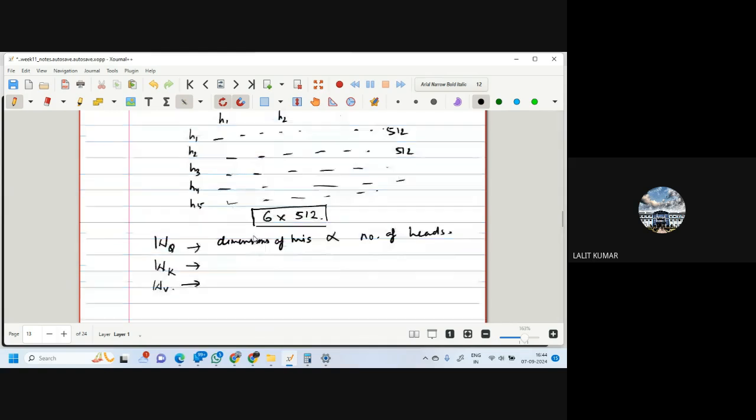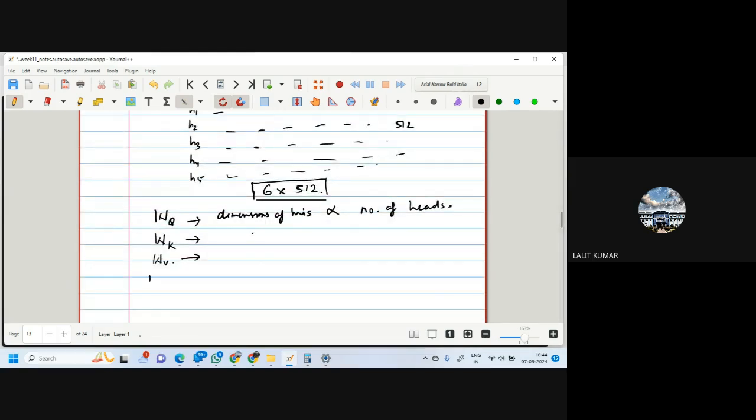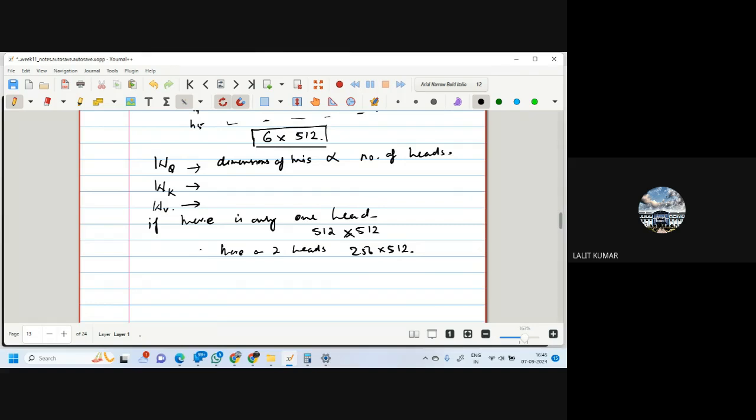For example, if there is only one head, then the dimension will be 512 into 512. If there are two heads, then the dimensions will be 256 into 512, and I will cover later why it is like that. So first let's take a simple example of a single head.